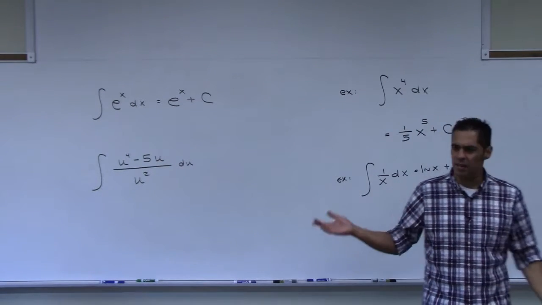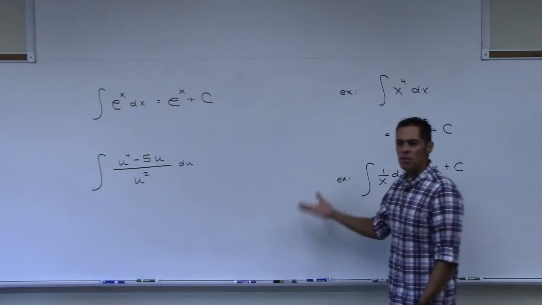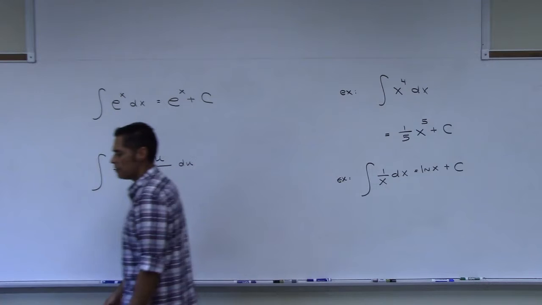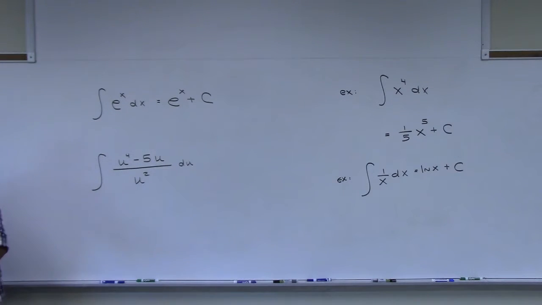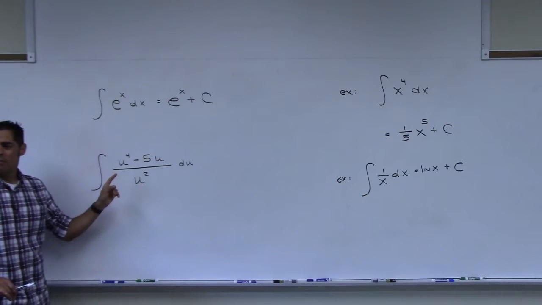The u's are just like the x's, all right? Everything's going to be the same, except you're going to have u's in our answers instead of x's in our answers. We have a problem here. The problem is that we have division. Do y'all see this? And we have two terms on the top.